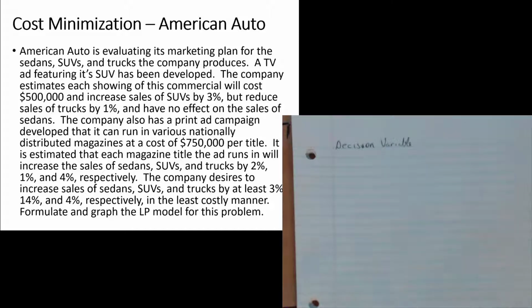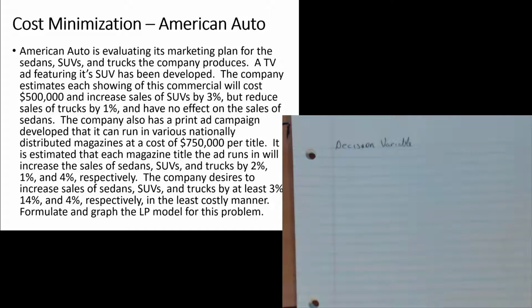That's perfectly reasonable, right? It just means we run the SUV commercial. People were motivated to buy the SUV, but some of the people would have bought our trucks anyway, so there's a little bit of a substitution effect. And they would have no effect on the sales of sedans.